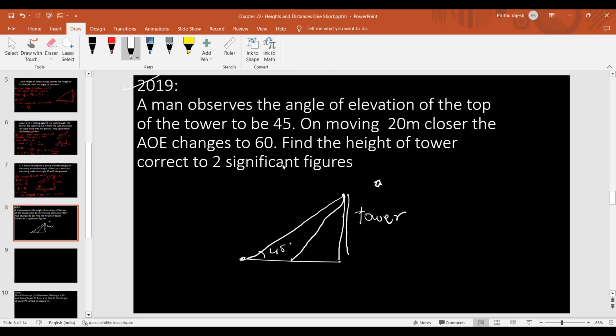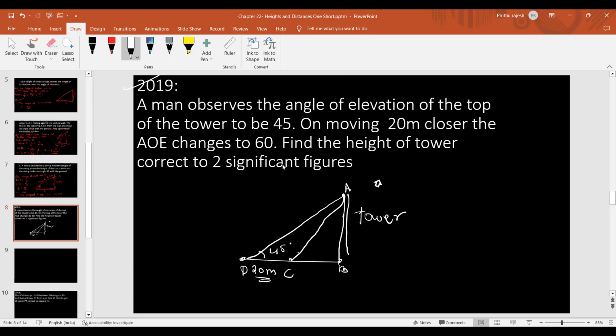Now this is D, this is C, B, and A. Now he moves 20 meters closer. So initially his angle of elevation was 45 degrees.